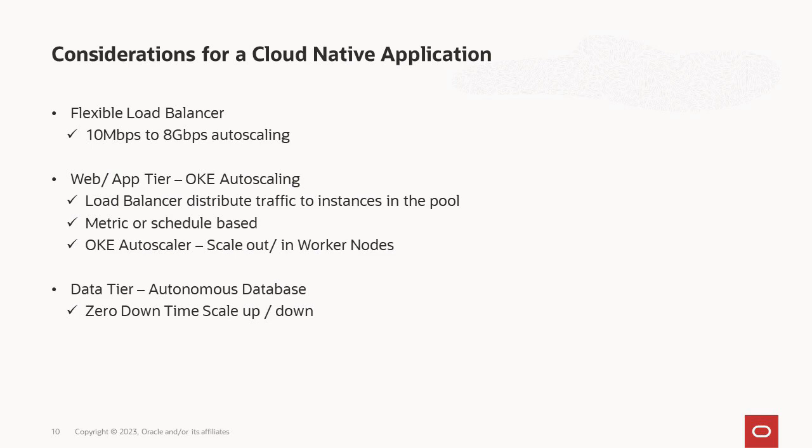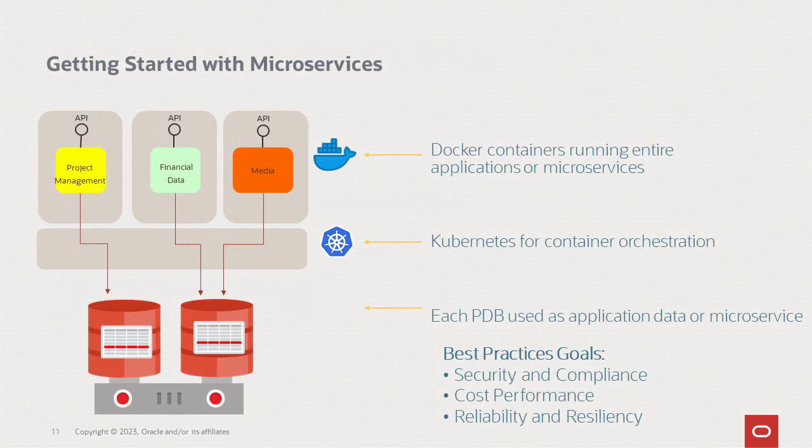Now, I'm just going to take an example here, right? Think about these microservices, the application we brought in from an on-prem world. We want to modernize it. I've been talking about that, and how can we modernize this? I want to build different microservices based on my business needs, right? One of the microservices I want to build is for my project management. The second one I want to build is for my financial data. The third one I want to build is for media.